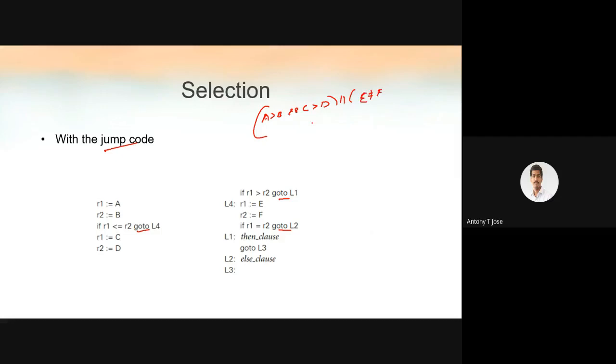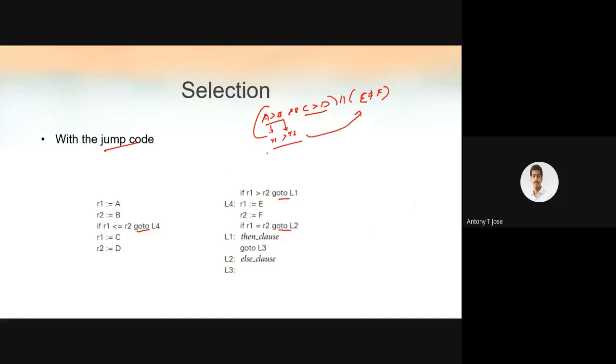Using jump code, what happens is it first calculates A greater than B. Similarly, A will be stored in R1, B will be stored in R2, and it will check whether R1 is greater than R2. If R1 is greater than R2, then it will go and evaluate this one.